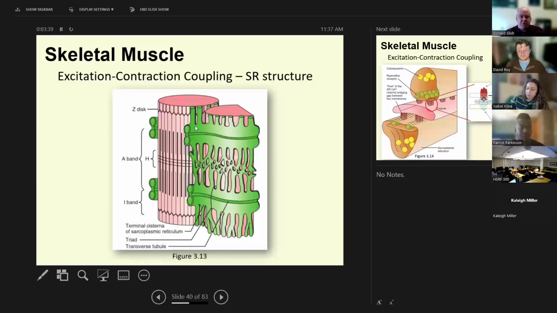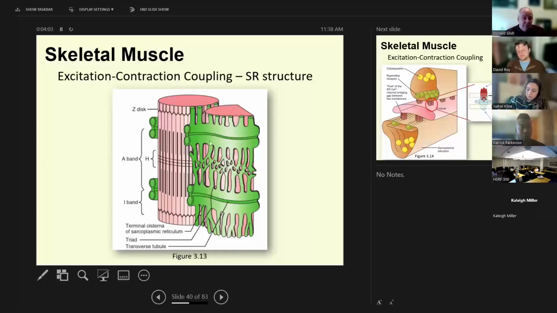And this sarcoplasmic reticulum, of course, is a huge store of calcium. You can see you've got this end of it, which is the terminal cisternae, and then you've got the lateral portion of it. The lateral portion of it has got a lot of calcium ATPase to suck calcium back up for relaxation. And then it stores it and it gets released from the terminal cisternae over here.